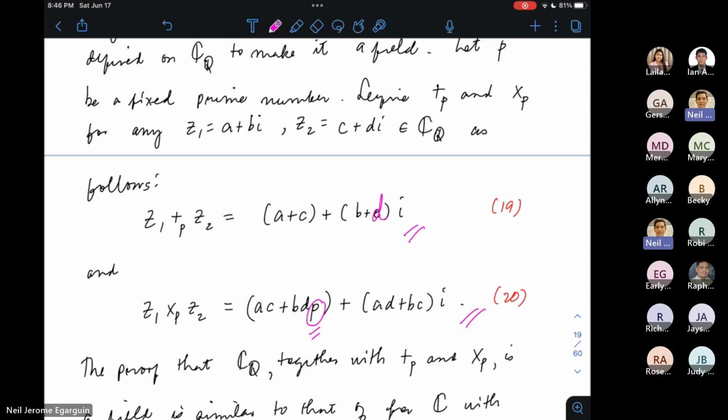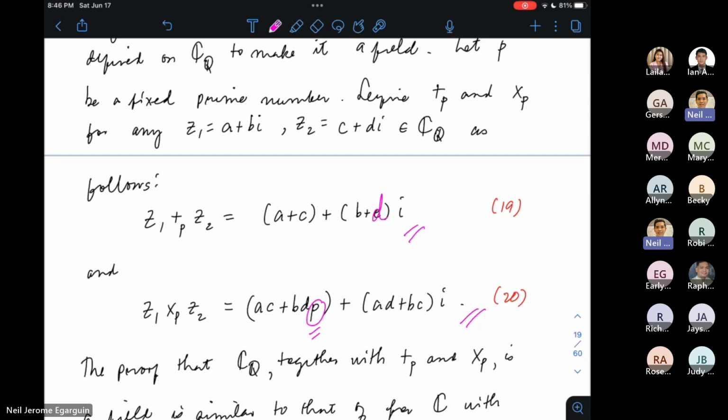Right? So that is possible, which is why it is important that you declare which operations accompany the set as a field. So here, the operation is different, the multiplication is different, so you will have a different field than the field together with the usual addition and multiplication.